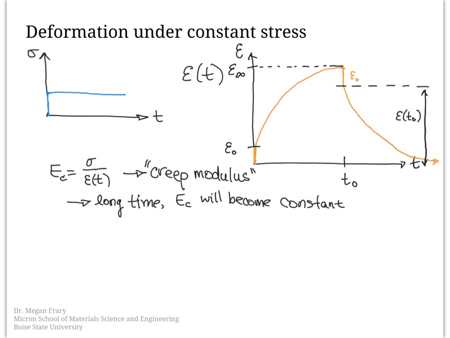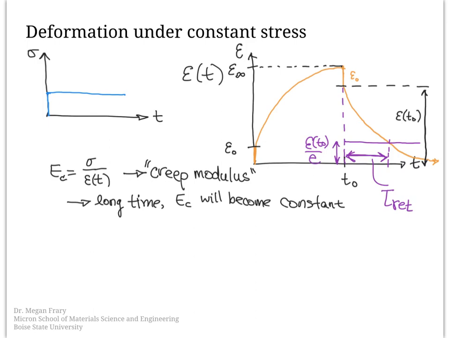We can characterize the polymer's relaxation behavior based on the amount of time that it takes for this sort of relaxation strain to be recovered. Although we don't count the time for the entire strain to be recovered, we count the time for the time-dependent strain to reduce by 1 over e.